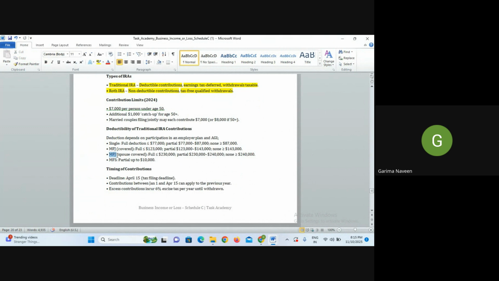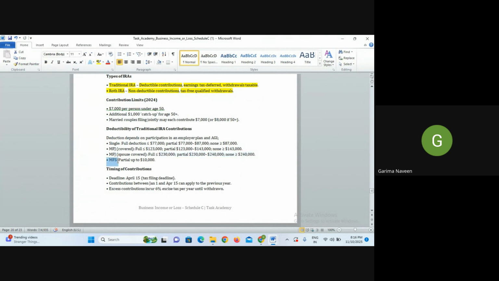And if married filing jointly and spouse covered, actually these two are basically that if you are filing a joint return with your wife, and you do not have an employer sponsored plan but your spouse is covered under some plan, then this limit is for this criterion.